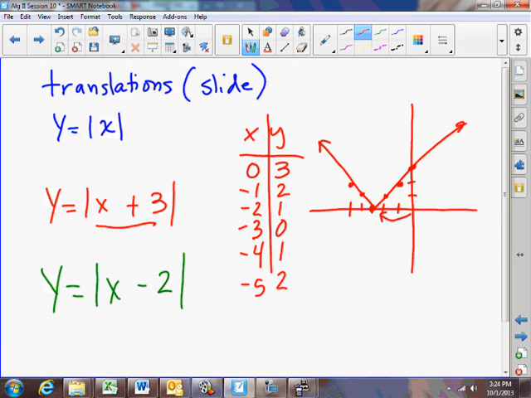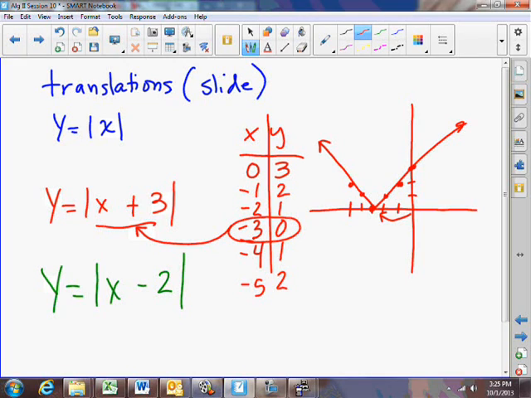Now, if you look at this chart of values of x's and y's, and have done the computations with me, you might see that the absolute value changes what it's doing at the value for x that makes what's inside the absolute value equal to 0.